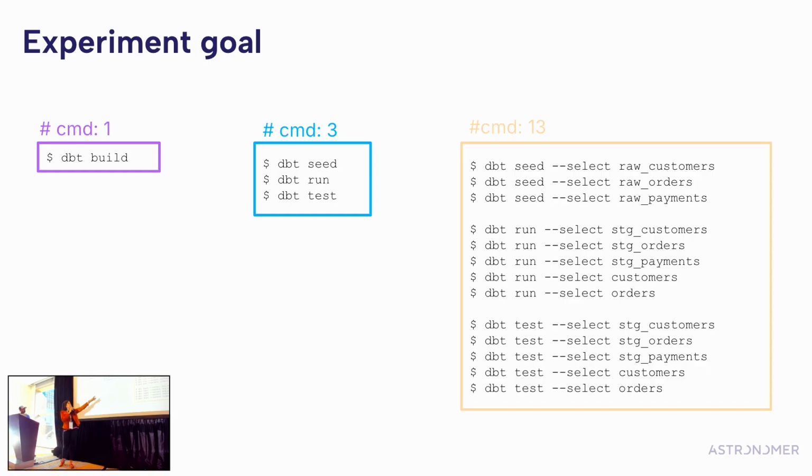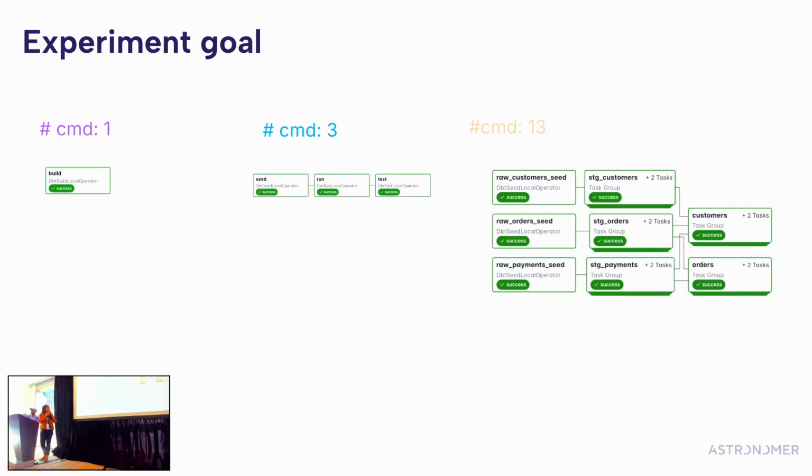And in the last case, we are having one command to run for each of those seeds, each of the models, and each of the tests. So the first goal was, which of these approaches is more efficient, which is quicker, and then we could understand some of the problems we were facing. Here you can see the equivalent Airflow DAG for each of those granularities.